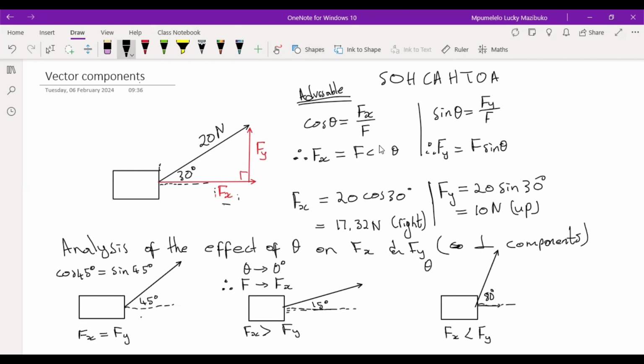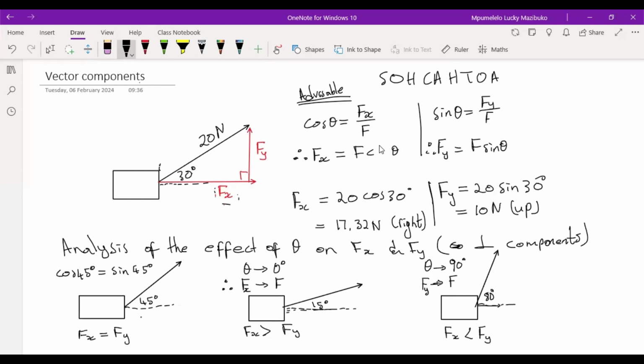As theta approaches 90 degrees, fy approaches the force. I was actually writing these wrong earlier: for small angles, fx approaches the force, and here fy gets bigger and closer to the actual force.